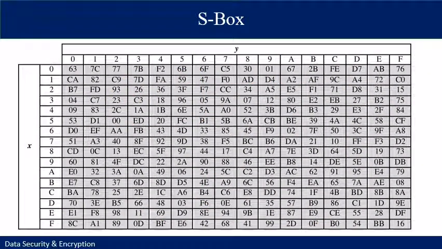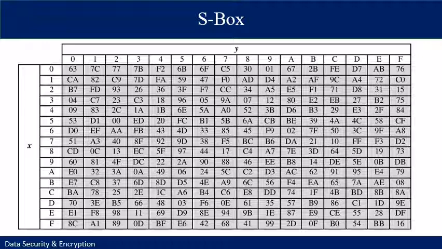This diagram shows the AES definition of a 16 by 16 matrix of byte values called an S-box, or substitution box. It contains a permutation of all possible 256 8-bit values. Each individual byte of state is mapped into a new byte this way.